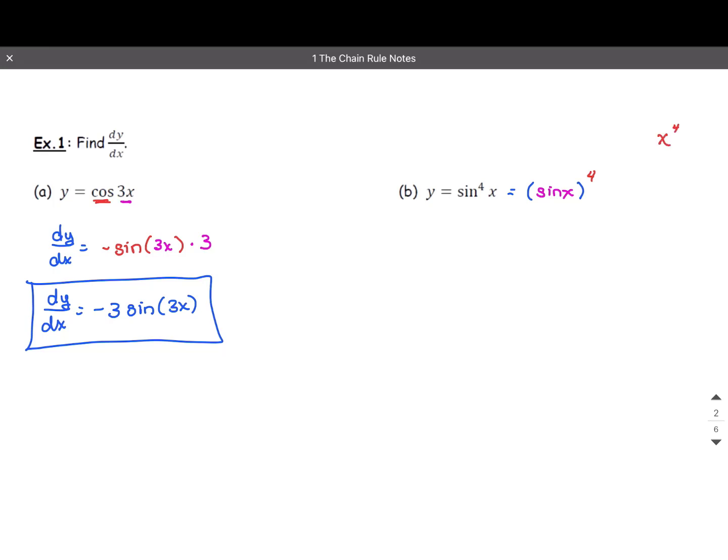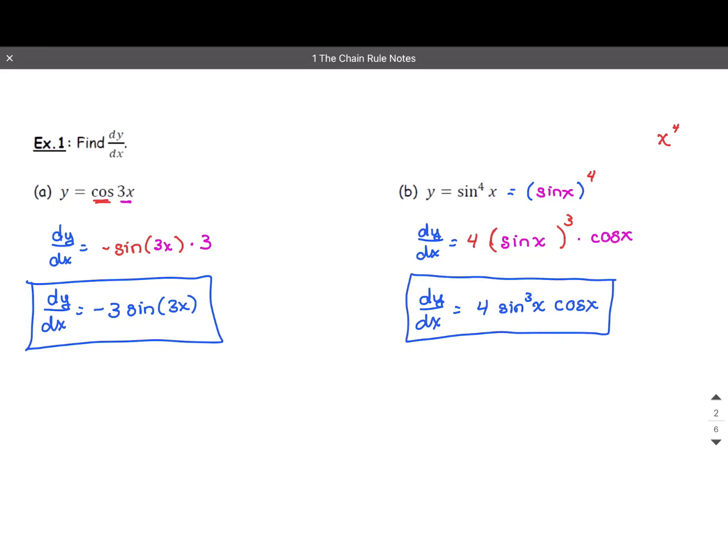So when we take this derivative, we do the derivative of raising to the 4th, so we bring down the 4, our new exponent is cubed, we keep the inside, times the derivative of the inside, sine x, which is cosine x. Now we're going to rewrite this nicely. Dy dx equals 4 sine cubed of x times the cosine of x.